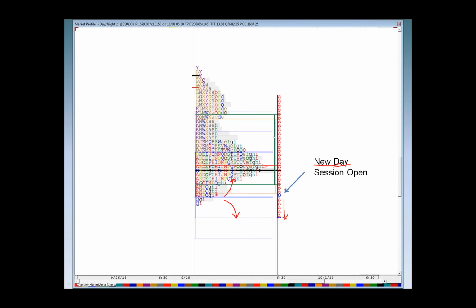And then the price shoots up higher, and it actually takes out my point of control, another important concept from the profile, and it continues higher, and it actually takes out my value area high. Now, looking at this, does this really give me enough information to act upon?